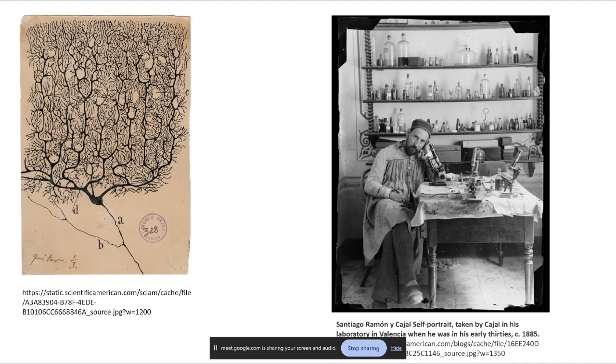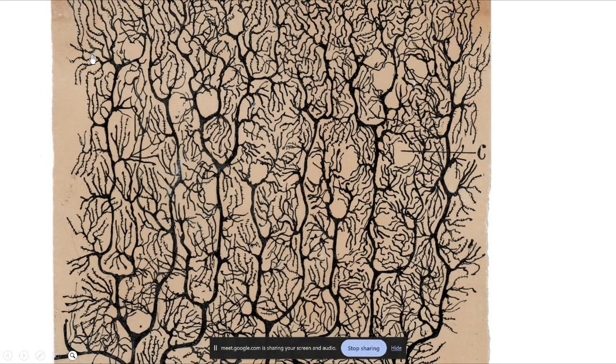He used to spend days and nights and weekdays and weekends on making these drawings. Can you imagine, he had to look in the microscope and he had to draw that. And these were the kind of intricate drawings that Cajal made.